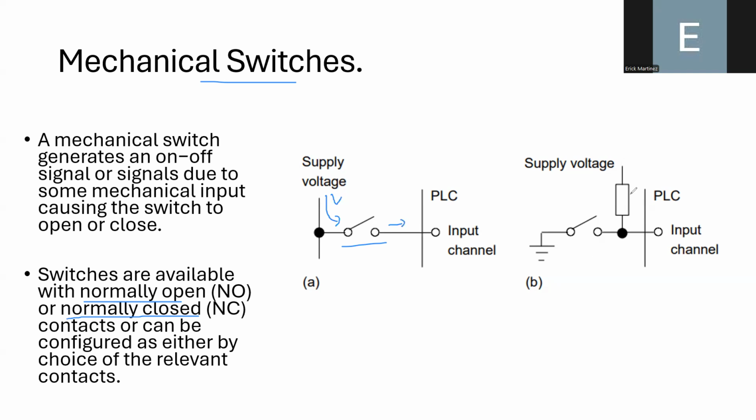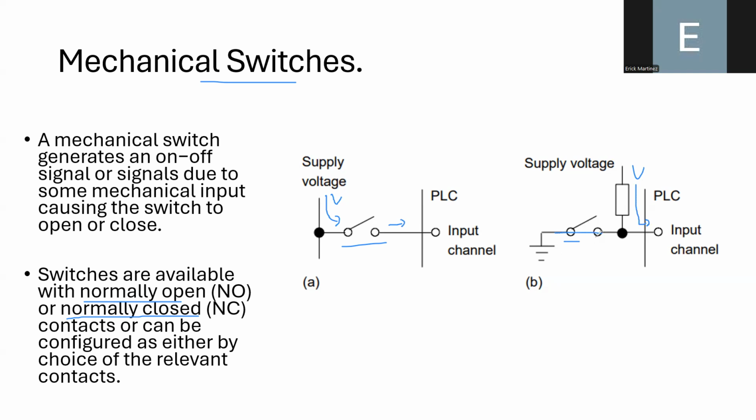But we also have the configuration on the right, in which the voltage of the power supply is connected directly to the input of the PLC, and the other terminal of the switch is connected to the ground terminal of the circuit.